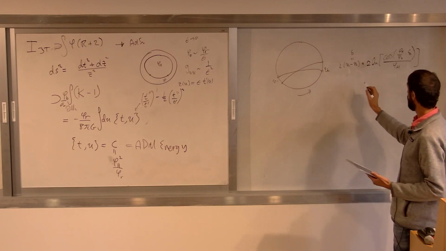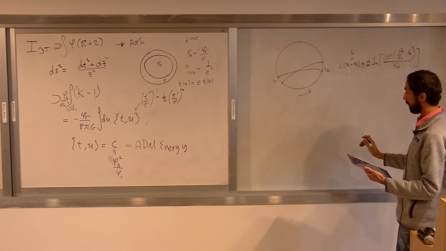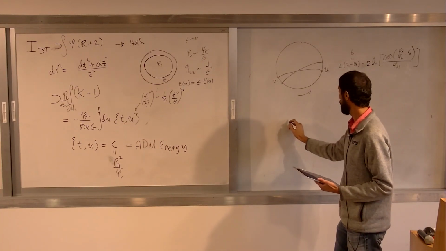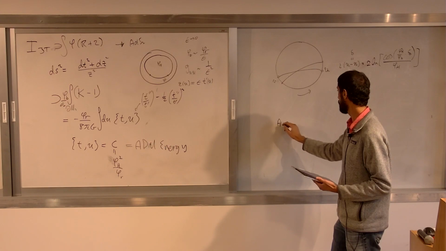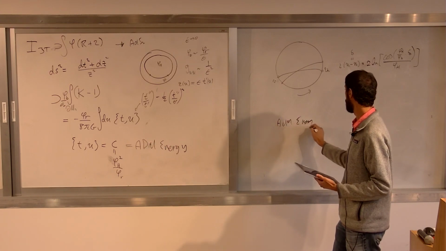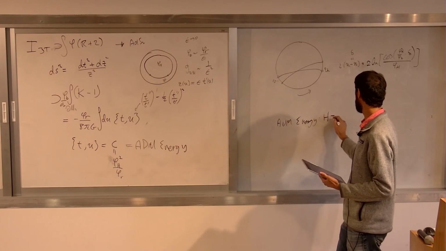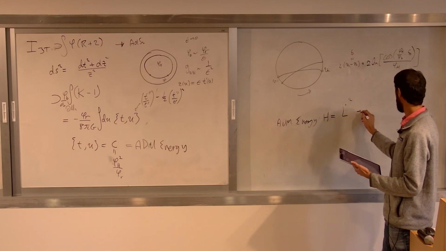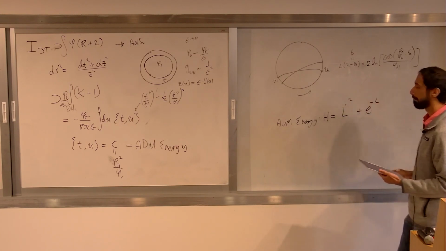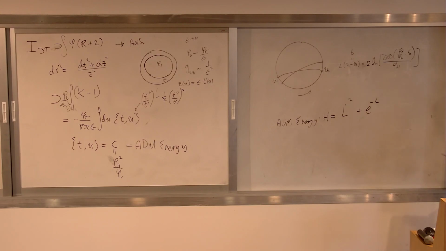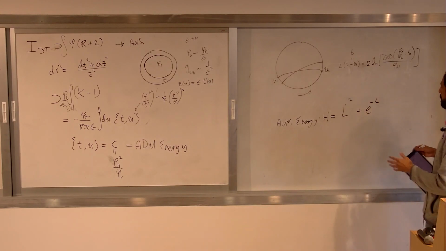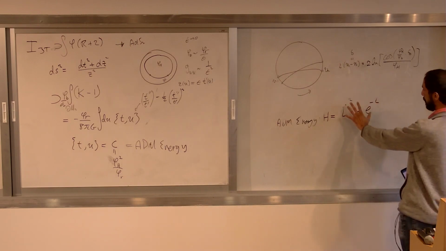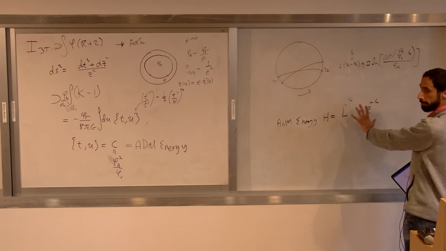And so one can make the following observation. If you take this as the length, then you find that the ADM energy, let's define that as H, is equal to L dot squared plus e to the minus L. So the energy in JT gravity can be thought of as given by a Liouville Hamiltonian.